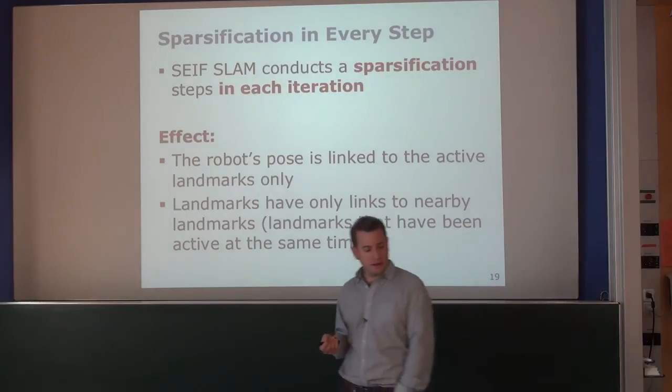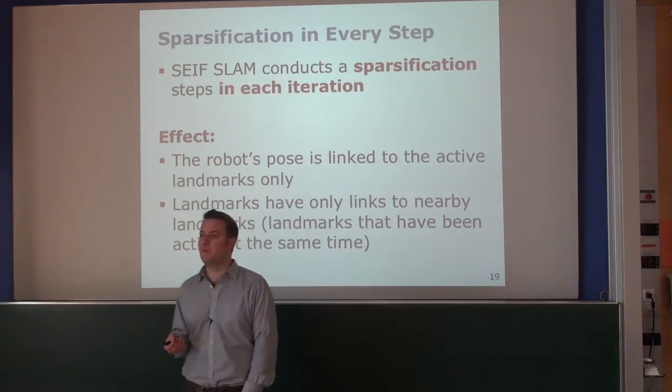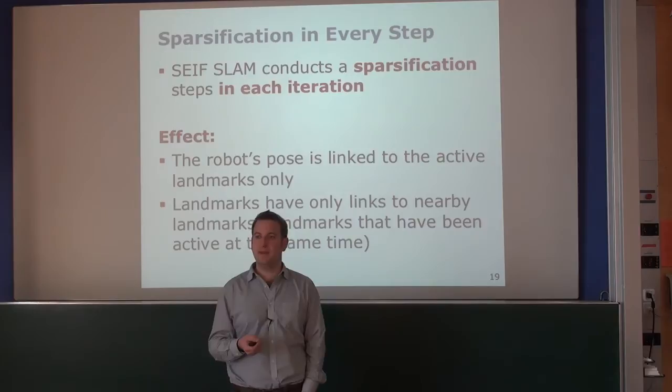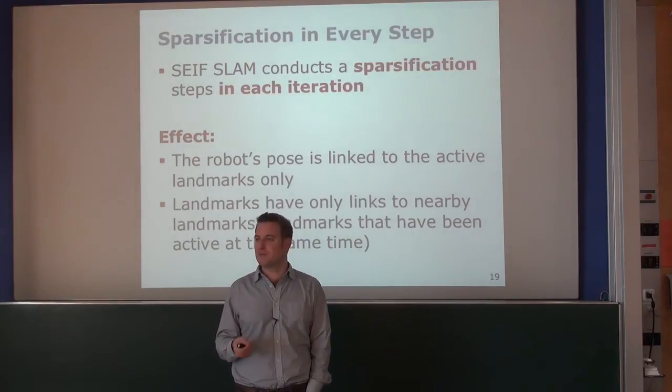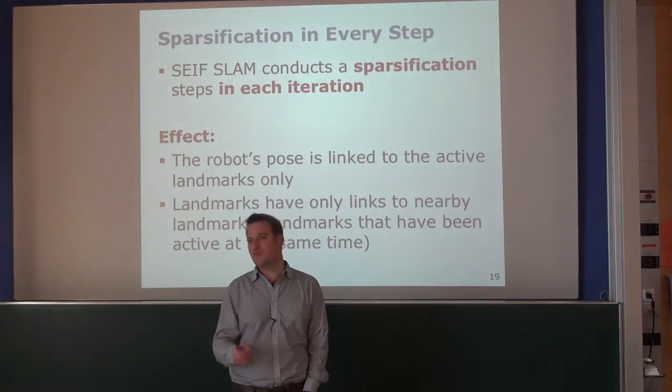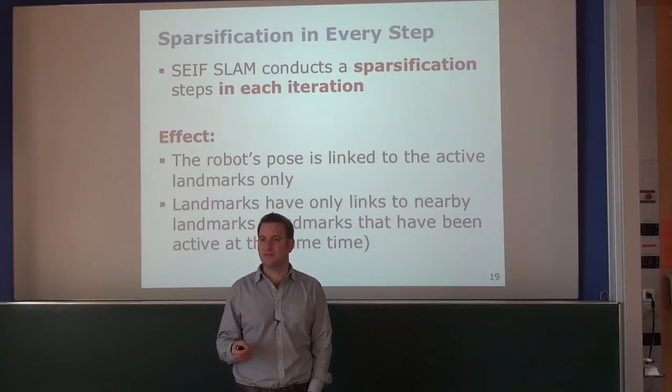Because all the computations that we introduced last week were essentially relying on the information matrix being sparse in order to be executed efficiently. So this step ensures that the information matrix is and stays sparse.